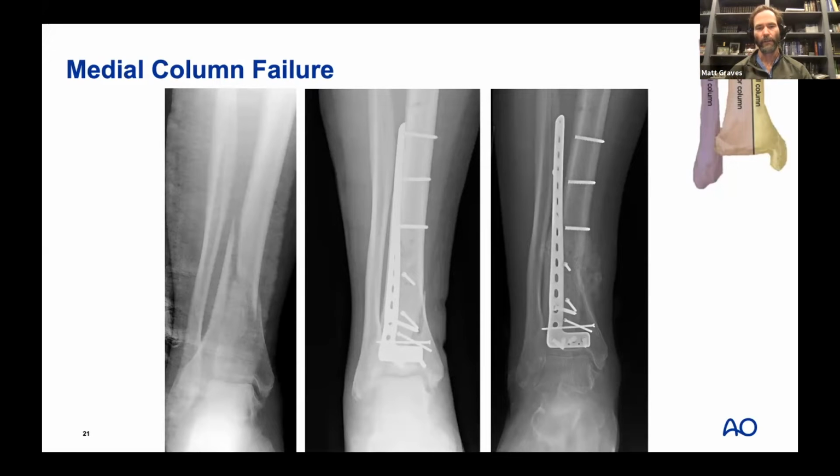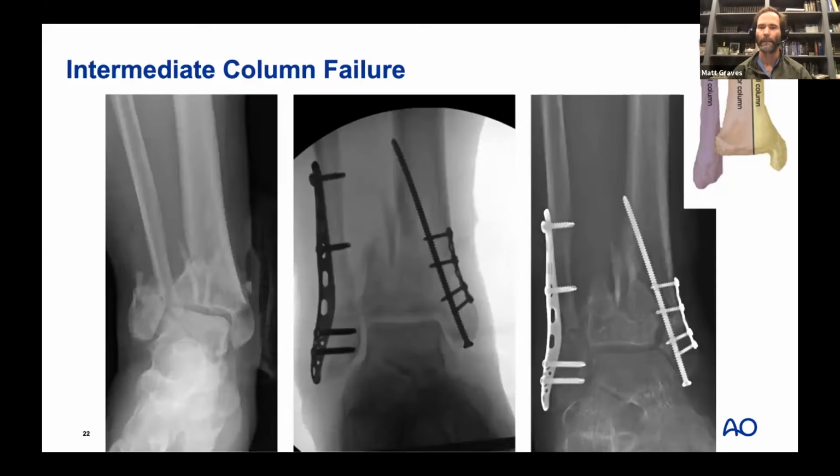I thought that through an anteromedial surgical exposure, I could anatomically reduce the column so that the medial column would bear load. But in fact, you can see pretty clearly it did not. There wasn't enough intrinsic stability here in order to prevent failure, secondary to not respecting the column theory of stabilization and not recognizing the mechanics of the original injury film. So this was my mistake.